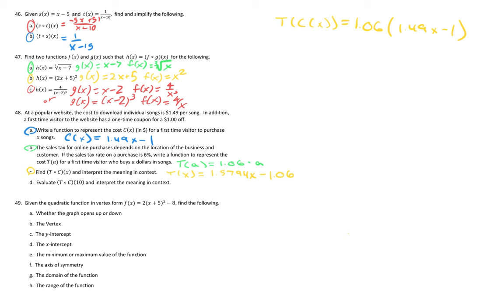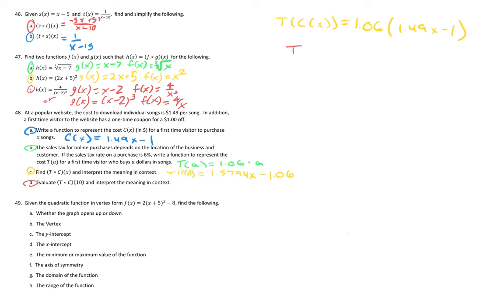Now, interpret the meaning in context. This is the total cost for a first-time visitor to purchase x songs. Right after that, we evaluate this at 10 and interpret the meaning. What this means is that we're buying 10 songs, and that's going to be our total cost. On this last one, I was supposed to put T of C of x, sorry about that.